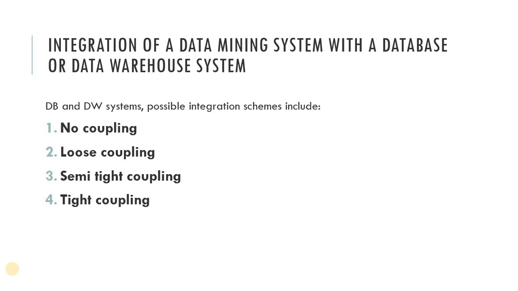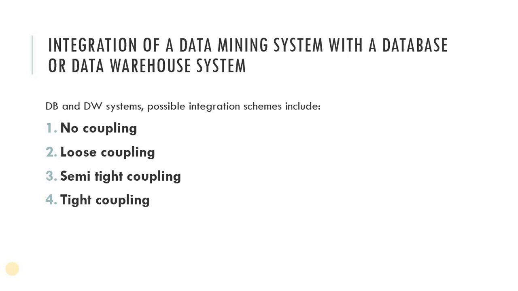The second type is loose coupling. Loose coupling means that the data mining system will use some of the functionalities of the database or data warehouse system. Here the data mining system will interact or connect with the data warehouse or the database, but it uses only some of the functionalities of the data warehouse or the database.